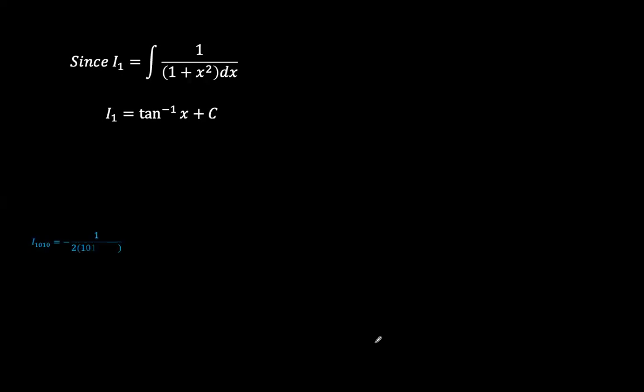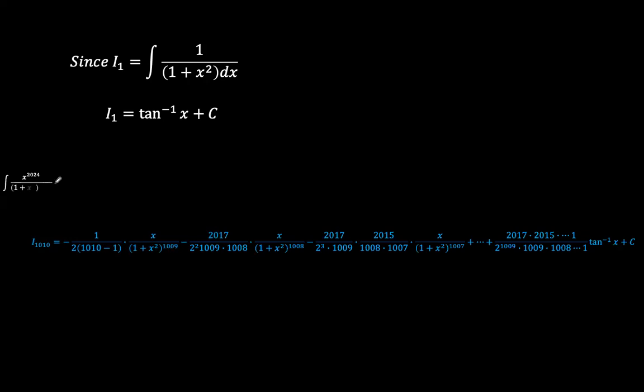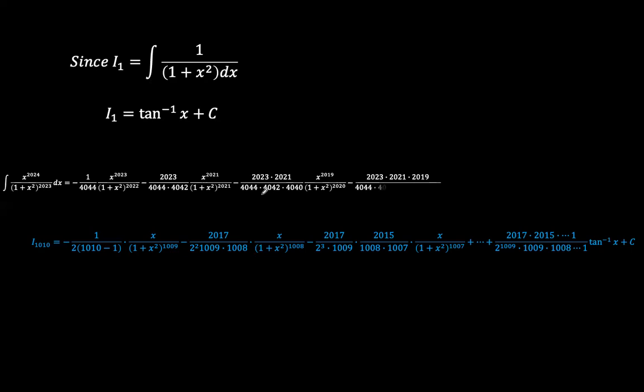So essentially now, if our I1010 is shown as follows, then our original integral of x to the power 2024 over 1 plus x squared to the power 2023 is equal to a negative of 1 over 4044 times x to the power 723 over 1 plus x squared to the power 722, minus 2023 over 4044 times 4042 times x to the power 721 over 1 plus x squared to the power 721, minus 2023 times 721 over 4044 times 4042 times 4040 times x to the power 719 over 1 plus x squared to the power 720, and so on until we hit 2023 times 2021, 2019, all the way to 1 over 4044 times 4042 times 4040 times 4038, all the way to 720 times I1010.